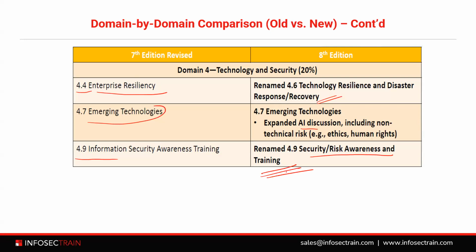So this was all about a comparison, domain by domain, of the 7th edition and now the 8th edition for all 4 domains. In the next slide, we are going to talk about updated knowledge areas and skill sets.